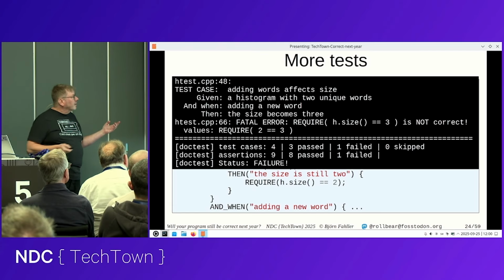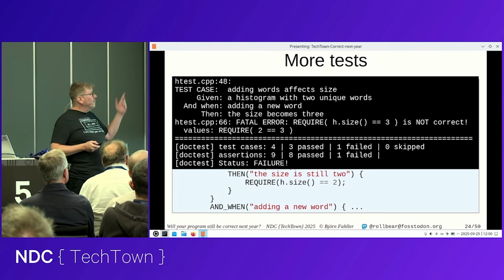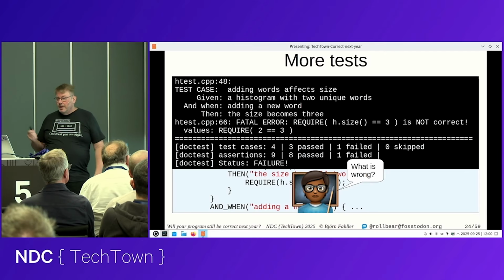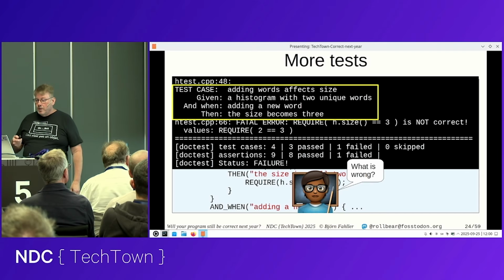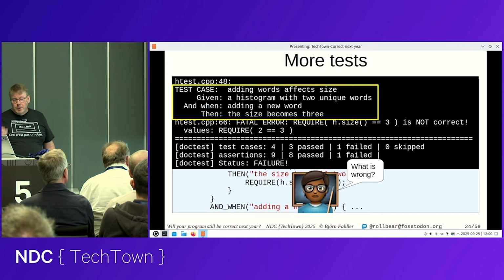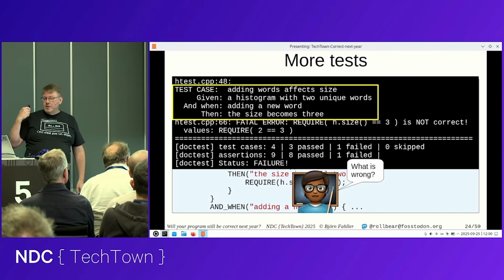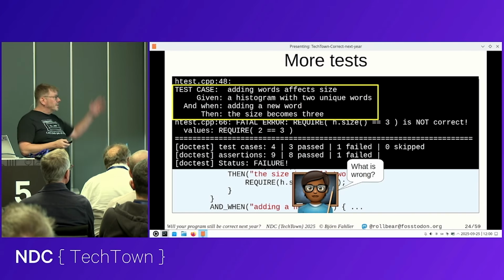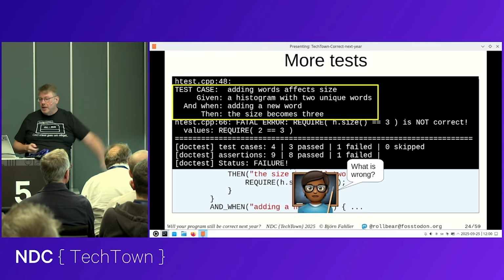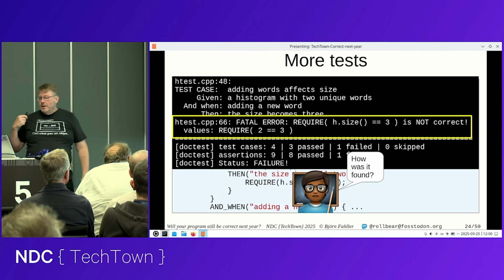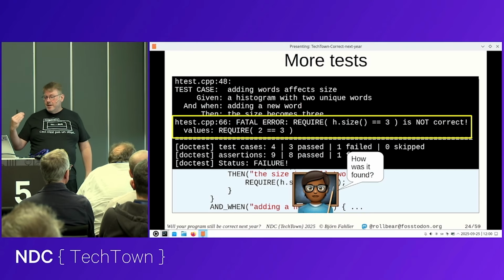But given this, an example of a failure will then be, so what is wrong? Adding a word affects size. Given a histogram with 2 unique words, adding a new word, the size becomes 3. That is what's wrong. That is what doesn't work. How was it found? REQUIRE h.size equals 3 is not correct.